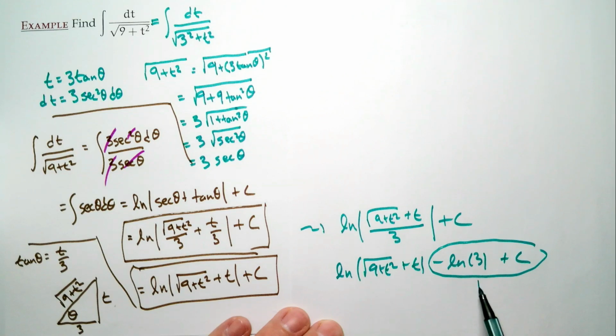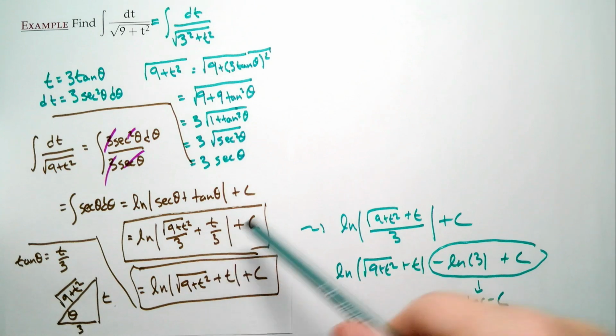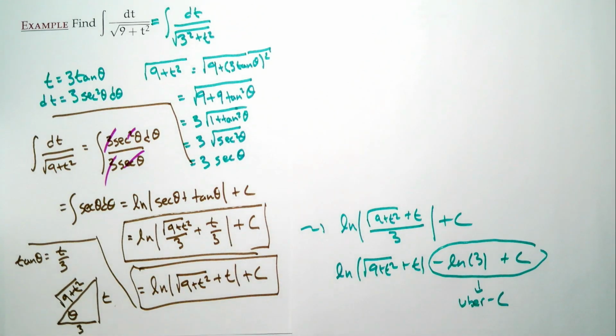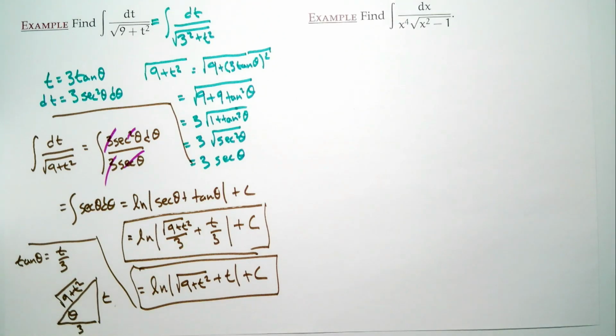So this becomes a bigger uber c, a larger c, if you will. And so it absorbed a constant. Now, you'll get full credit for either answer. I just want you to be aware that sometimes people do manipulations, and so you have to be aware that things can happen.